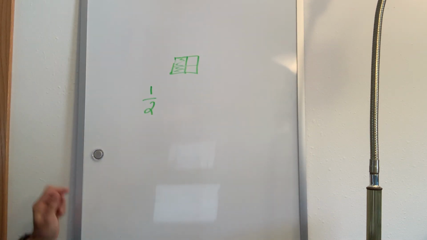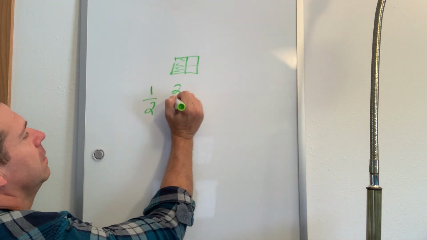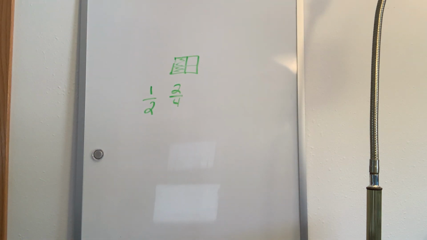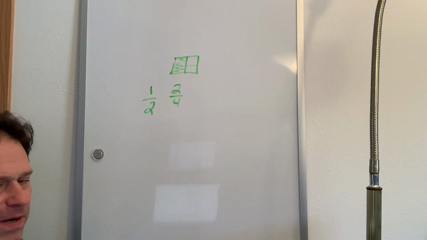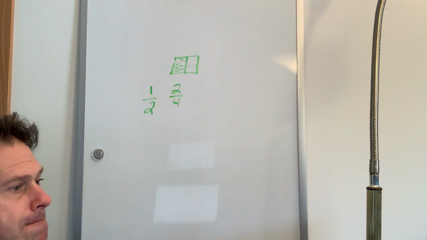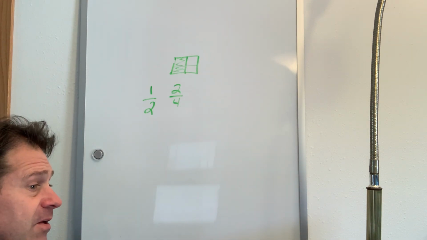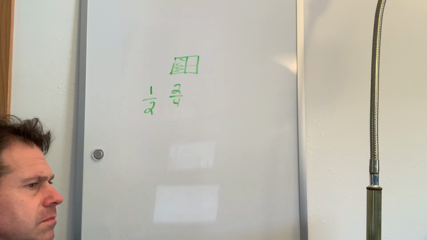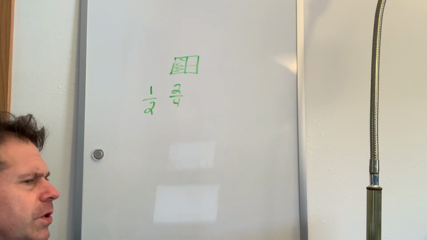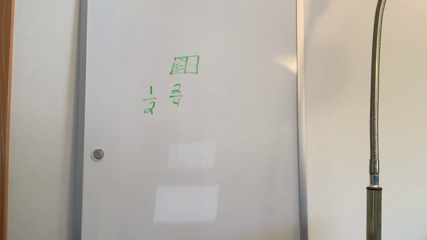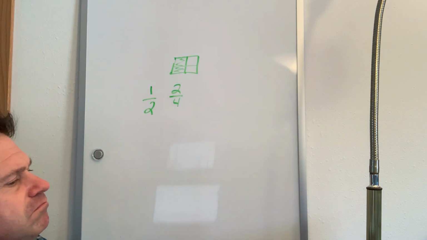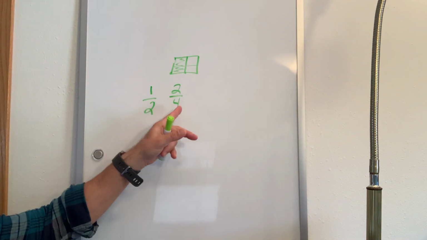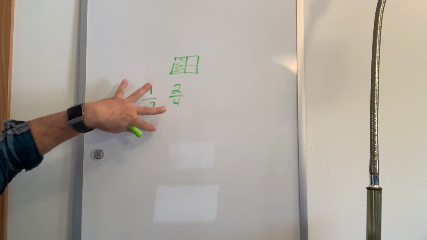Now I have 2 parts and 4 to make a whole. Still takes up the same amount of space, doesn't it? So does that mean they're the same? Oh, it does. You happy? What are you doing, Ava? Okay, does that take up the same amount of space? Yeah. So it really means the same amount of space.